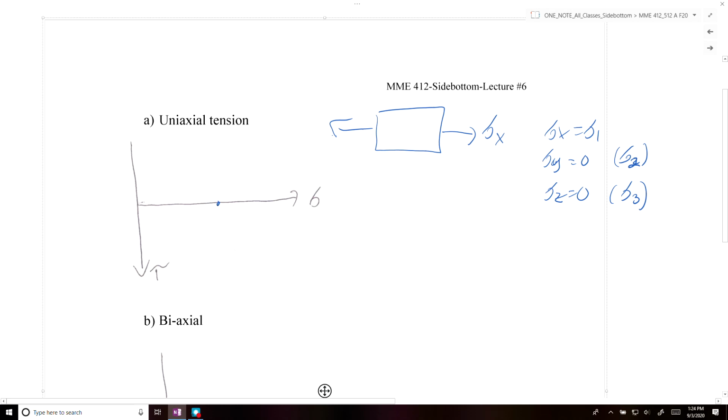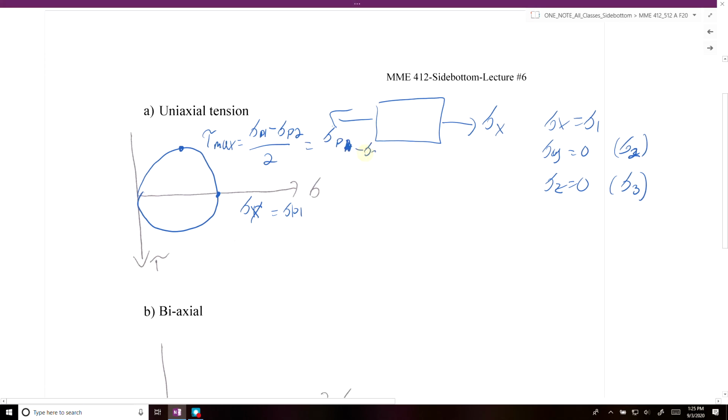If we draw our Mohr circle, our maximum shear stress would be equal to sigma x, or sigma p1, minus sigma p2, over 2, which would be the same thing in this case as sigma p1 minus sigma p3 over 2, because sigma p2 and sigma p3 are both equal to 0.